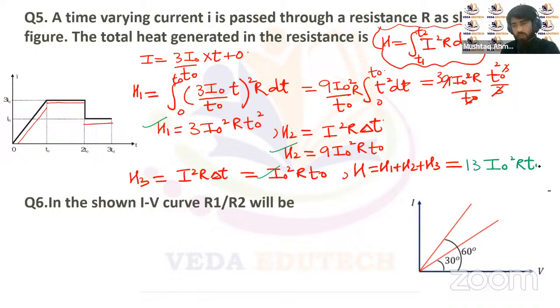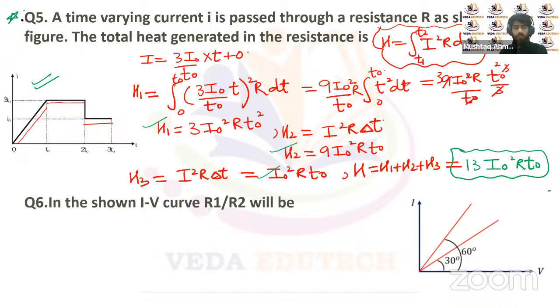So this will be the total heat generated in the circuit or in the conductor from time 0 to 3T naught. So the heat generation will be calculated by using the integral of I square RT through the circuit. So this is a very important question, a very important concept, to calculate the heat generated through the circuit.